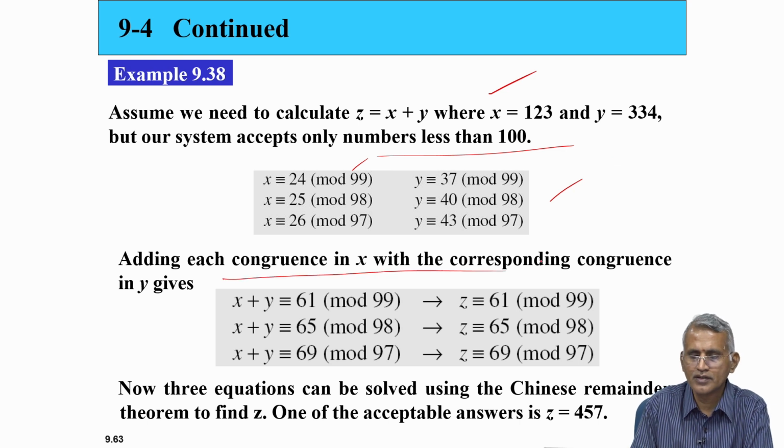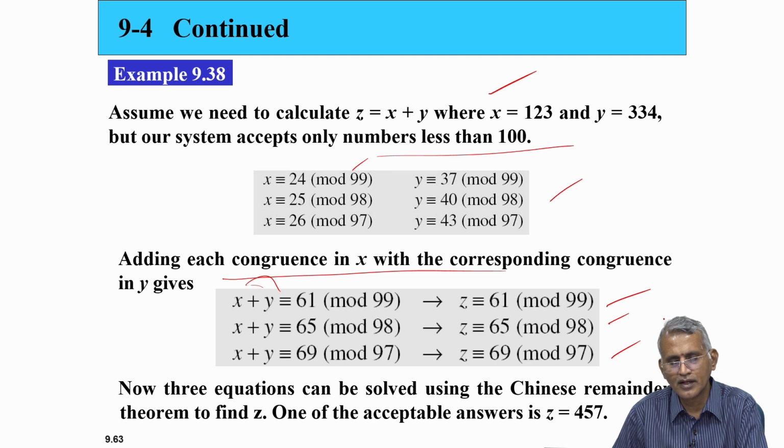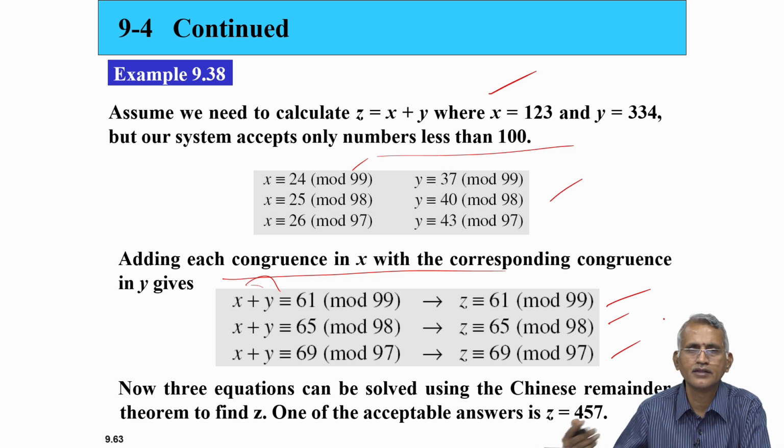Adding each congruence corresponding to y, so that x plus y comes out, and simplifying, you get the value of z in terms of the corresponding moduli 99, 98, 97 respectively. Now the three equations can be solved using the Chinese remainder theorem to find z. One acceptable answer is z equal to 457.